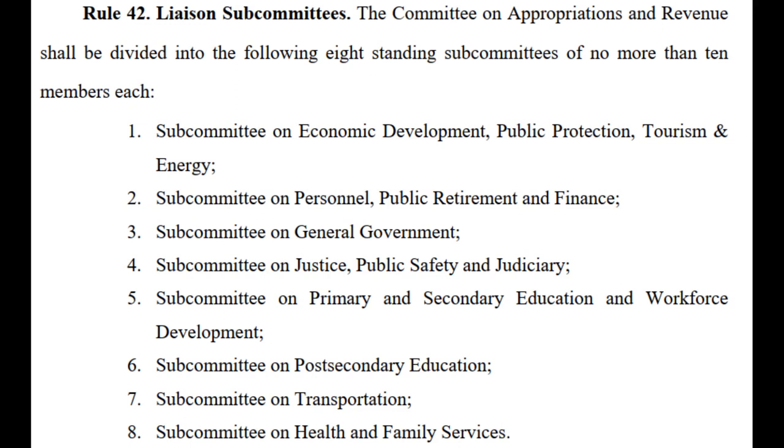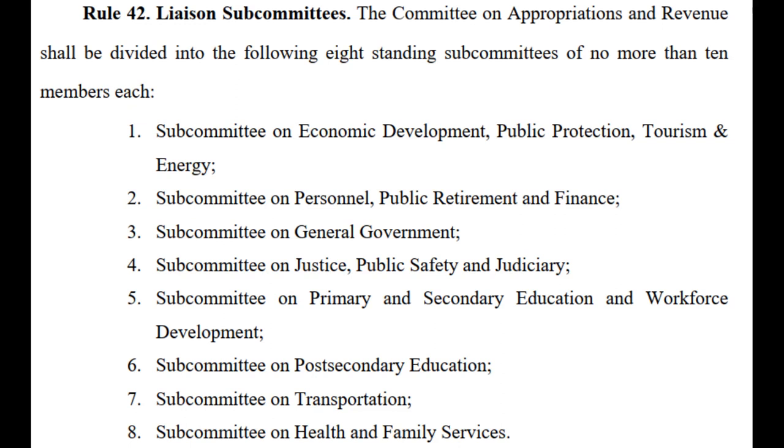Rule 42. Liaison Subcommittees. The Committee on Appropriations and Revenue shall be divided into the following 8 standing subcommittees of no more than 10 members each. 1. Subcommittee on Economic Development, Public Protection, Tourism and Energy. 2. Subcommittee on Personnel, Public Retirement and Finance. 3.